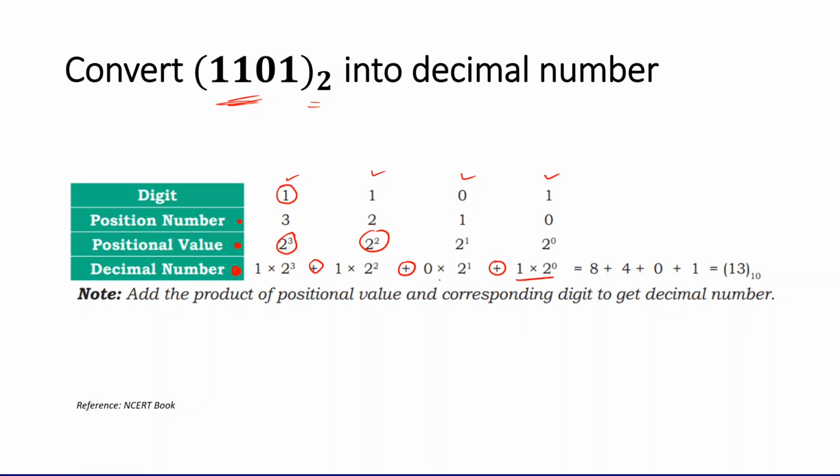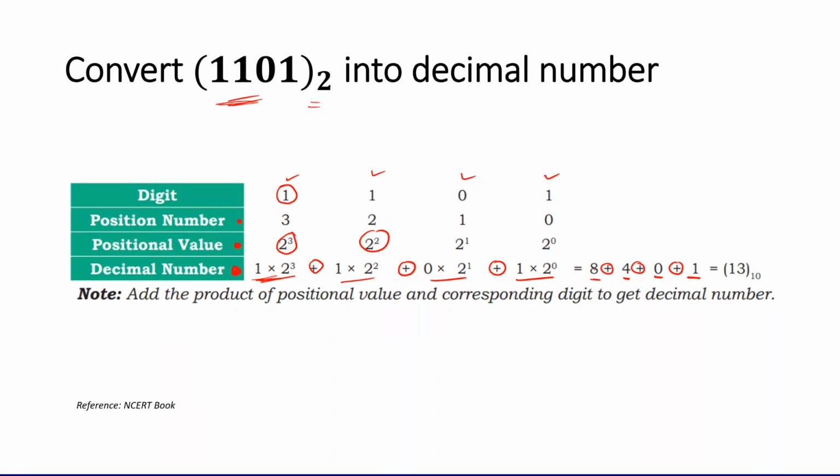Now I have to solve this expression. 2 to the power of 0 is 1, and 1 into 1 is 1. Plus, 2 to the power of 1 is 2, but 2 multiplied by 0 is 0. Then plus, 2 square is 4, and 4 into 1 is 4. Plus, 2 cube is 8, and 8 into 1 is 8.